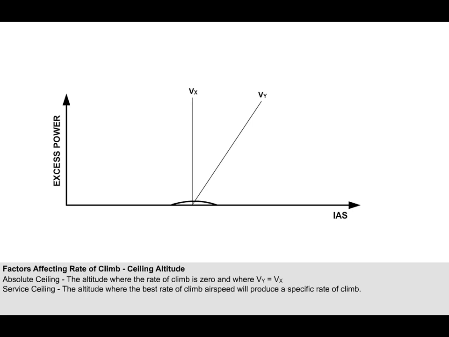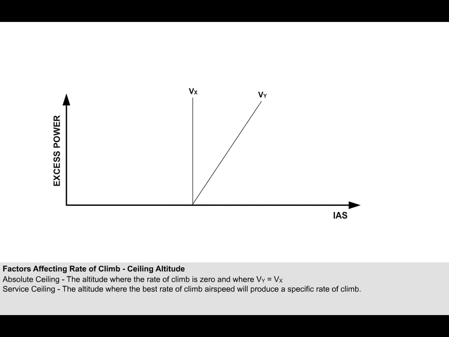Service ceiling is defined by the manufacturers and aviation authorities as the maximum altitude where the best rate of climb airspeed will still produce a positive rate of climb at a specific number of feet per minute. The recommendation is to not exceed this altitude, because above it the performance envelope of the aeroplane is very small. If the aeroplane were to climb higher, the rate of climb would fall to zero.